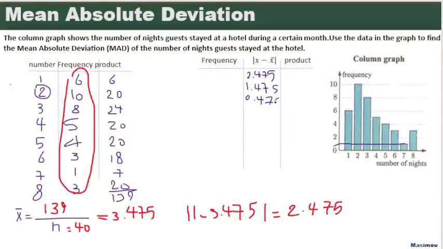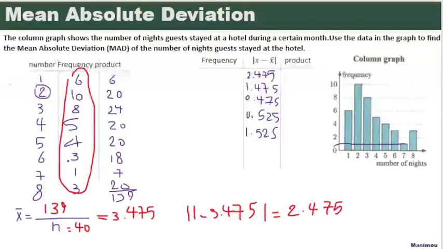The fourth would be 4 minus the mean, which gives me 0.525, and then 5 minus the mean, which gives me 1.525.